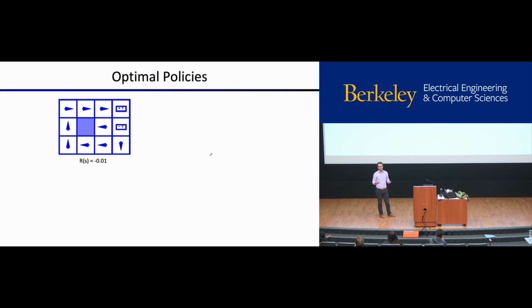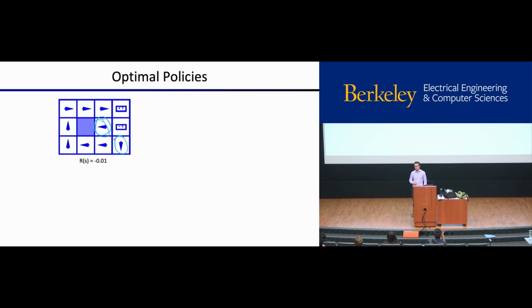Then the optimal policy, and don't worry about how you get it, we'll get there at some point, for this particular environment is to basically take the safe route. So we go around this way and we go to the +1. And if we're here, and if we're here, we actually walk into the wall. That's kind of weird. Notice how in these two states we're walking into the wall. Why are we doing that?